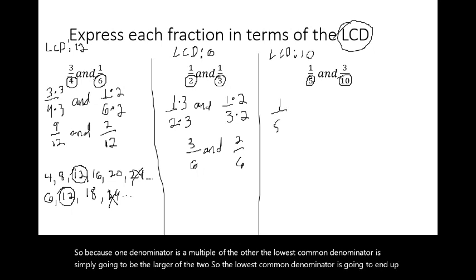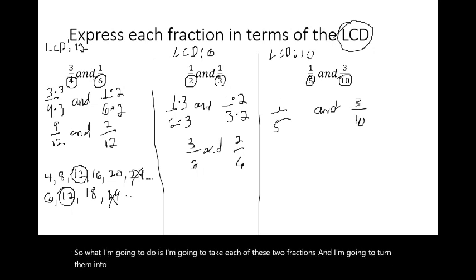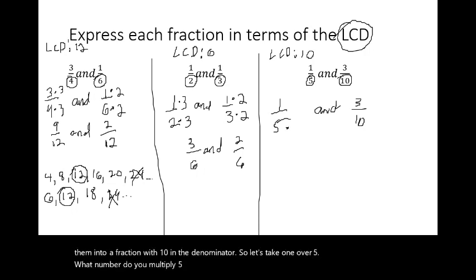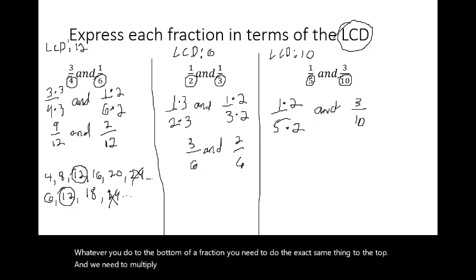So what I'm going to do is take each of these two fractions and turn them into a fraction with 10 in the denominator. So let's take 1 over 5. What number do you multiply 5 by to turn it into 10? Well, you would multiply 5 by 2. Whatever you do to the bottom of a fraction, you need to do the exact same thing to the top. And do we need to multiply the second fraction by anything in order to get the denominator to be 10?